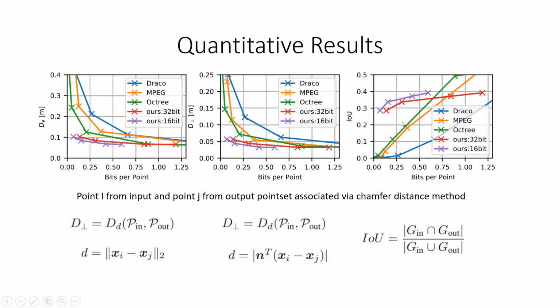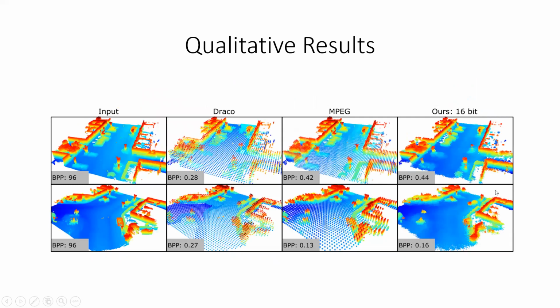In all cases, even with low bits per point, you have the best results. And these are some qualitative results that might give you a better idea. Even for 0.16 bits per point, you have the best result, which is quite close to the input point cloud.